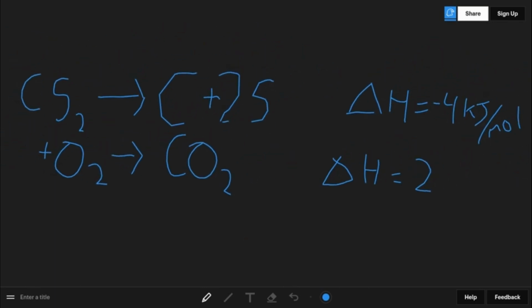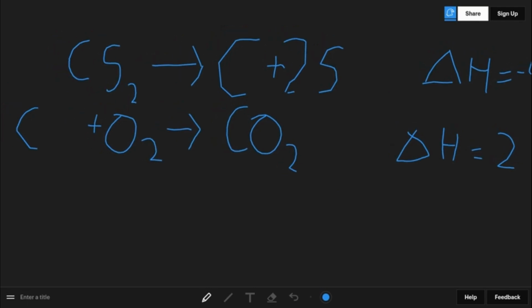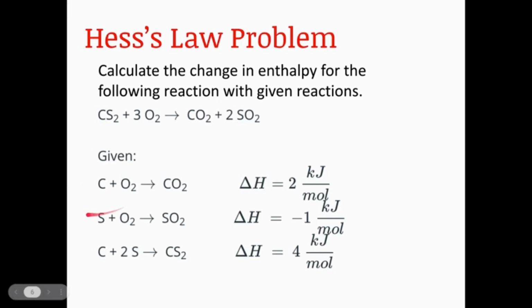Then we have this final equation, this middle one that we haven't used yet. We know that we have to multiply this by 2, so we get 3 O2s. This also makes sense because by multiplying this equation by 2, we're going to get 2 SO2s, which is what we want.